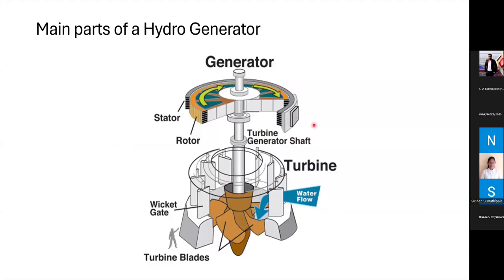It's not an essential thing. So we will look at the main parts of the hydro generator coming with the turbine. In this case, we have a Kaplan turbine where the water is inside the spiral case, and using the wicket gates, depending on the wicket gate angle, the water gets inserted into the turbine, and the turbine rotates.